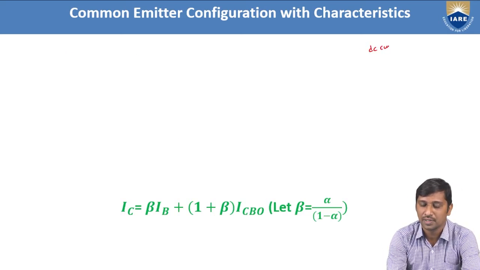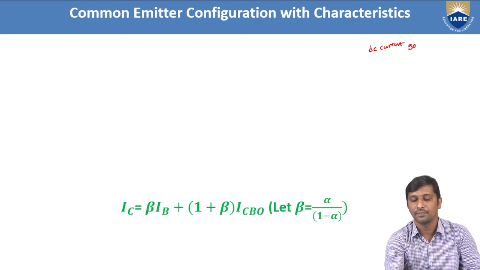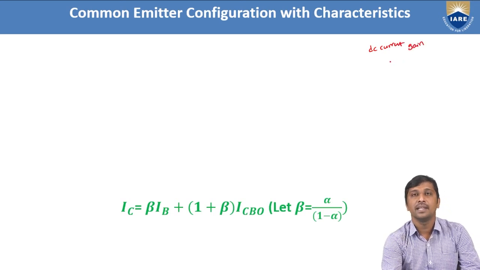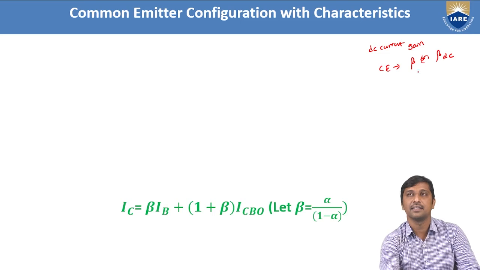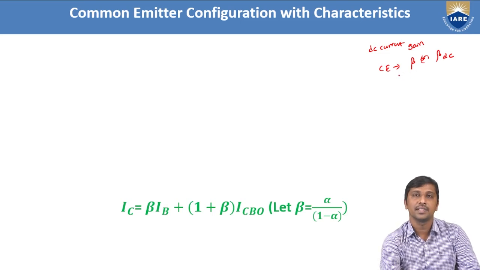We know how to represent the DC current gain: in a common base, the DC current gain is represented as alpha. But in this common emitter configuration, the DC current gain is represented as beta, or it is also represented as beta DC. So what is the current gain of the transistor?